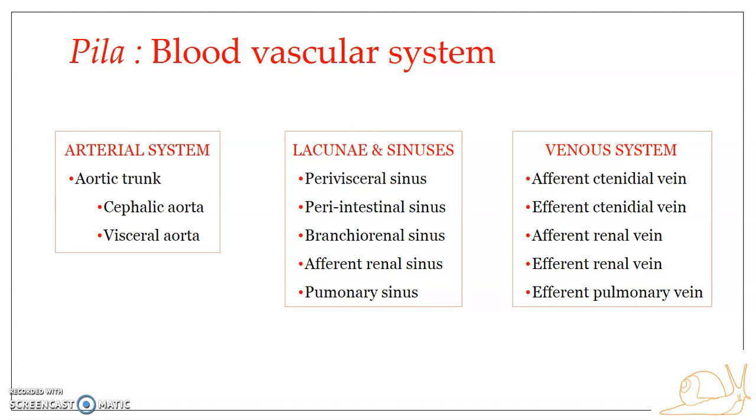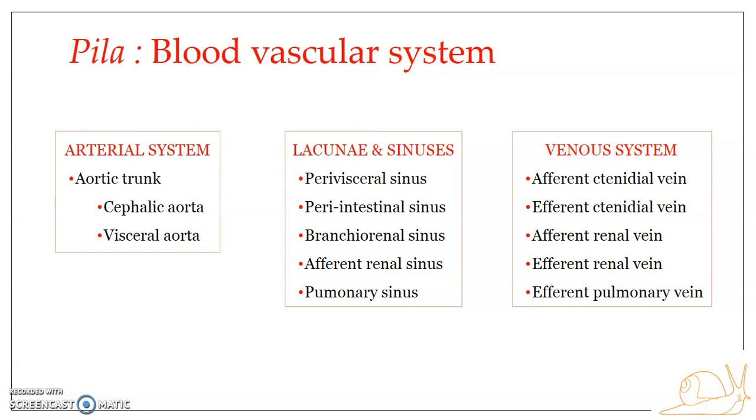The perivisceral sinus contains the blood collected from the regions supplied by the cephalic aorta, such as eyes, tentacles, siphon, skin, and buccal mass. From this sinus, the blood flows to the anterior renal chamber, pulmonary sac, and tenerium.